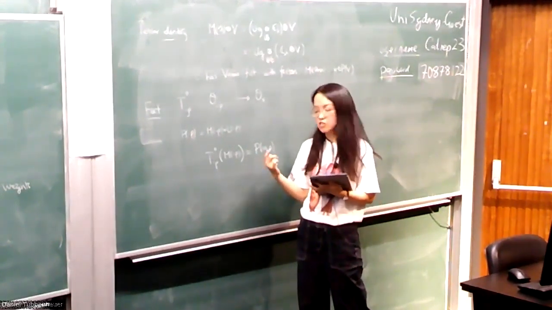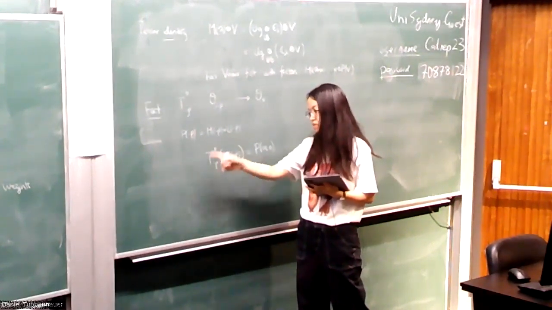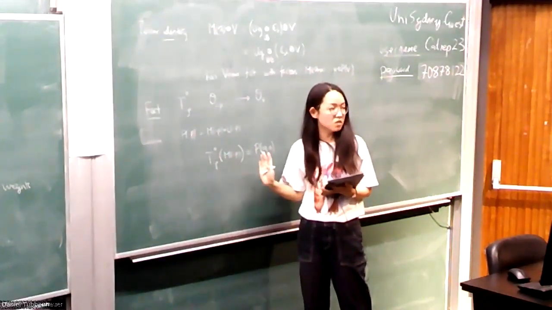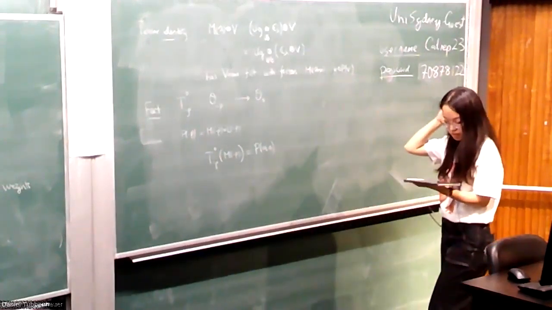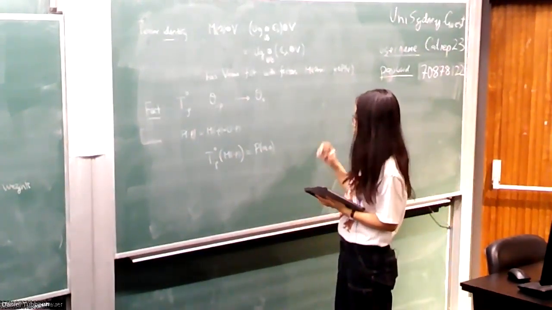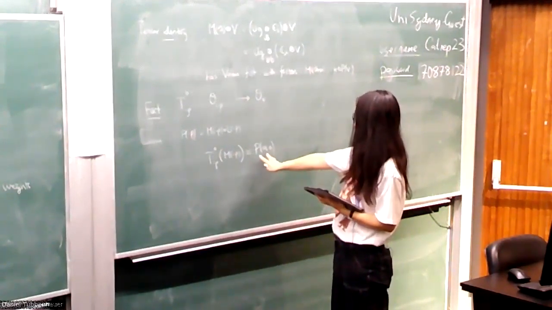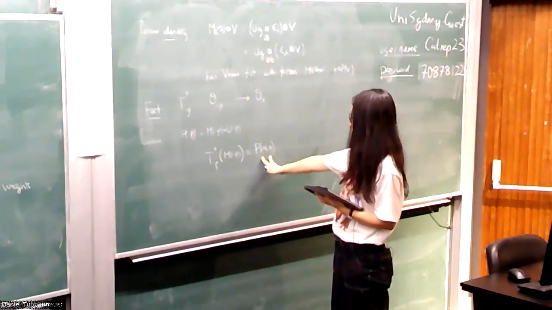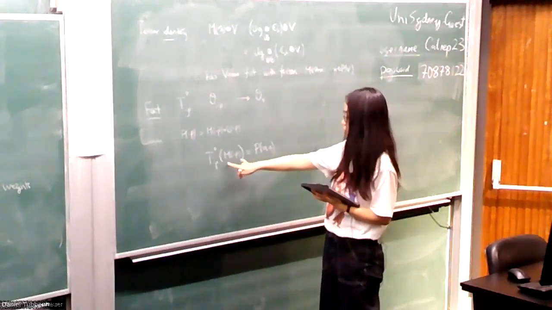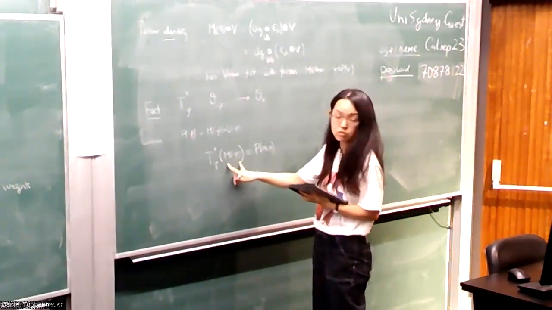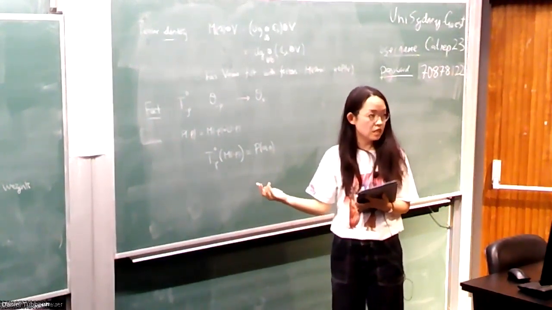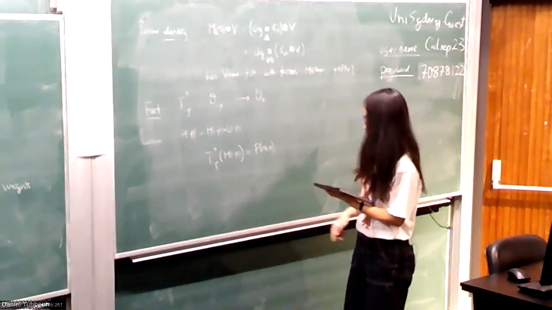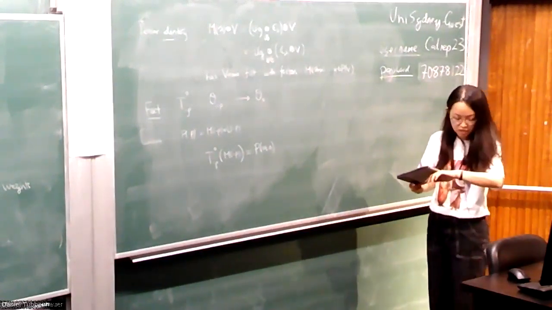And then you need some extra argument to show this, but this is the thing we're going to need. So the point is you obtain the anti-dominant projective as a direct summand of M(-rho) tensor V for that kind of representation. And that is how we're going to compute the endomorphism of this ring.